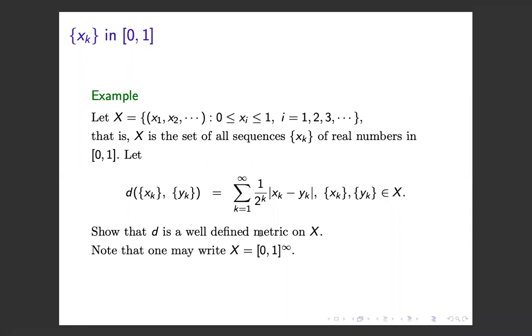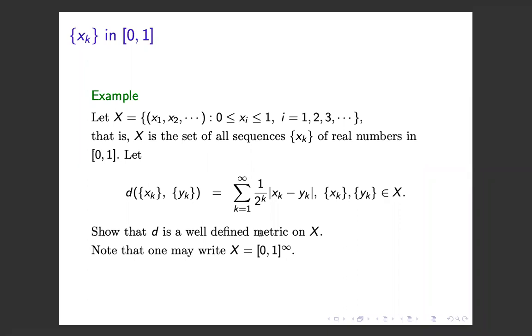Suppose we have some metric space X. Can we make all Cartesian products of X with itself into a metric space by considering some kind of supremum?